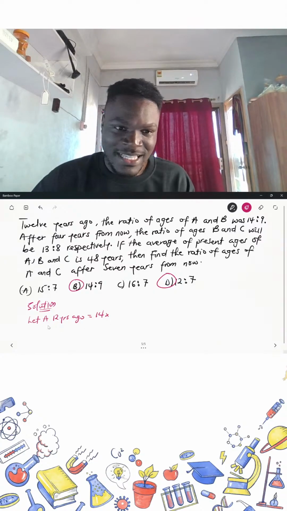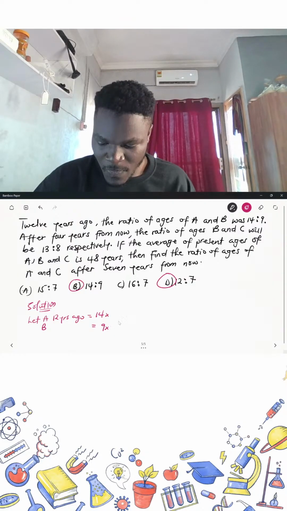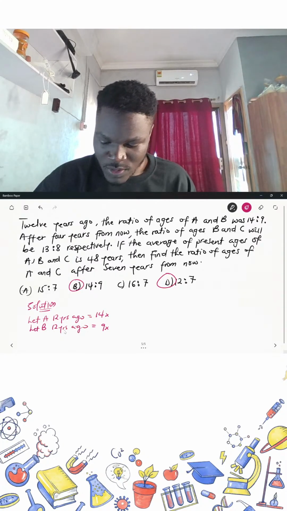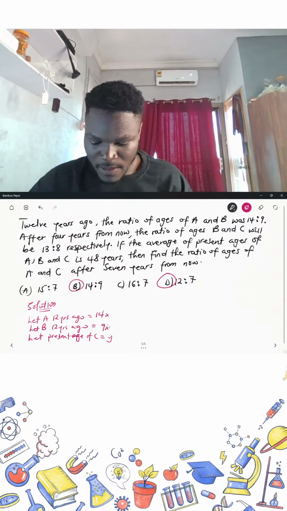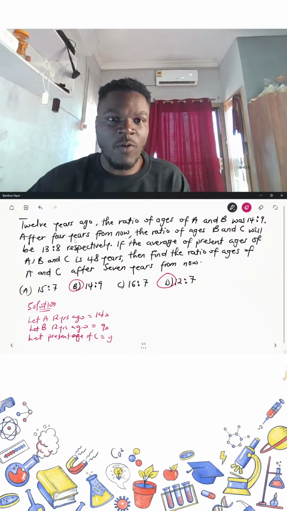So 14x, then let that of B be 9x. This is 12 years ago. And then let the present age of C be equal to y. Are you okay? So they are saying 4 years.